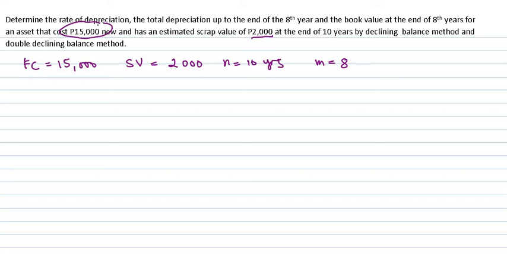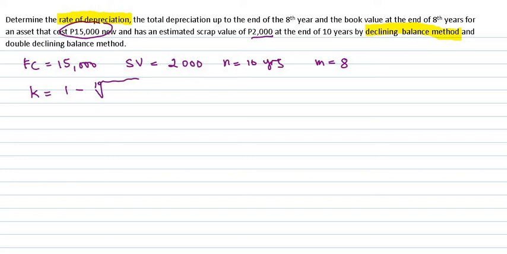So first we have to compute our rate of depreciation. Determine the rate of depreciation, we will solve first using the declining balance method. So rate of depreciation, we have here K, that is equivalent to 1 minus the nth root, so our N is 10.